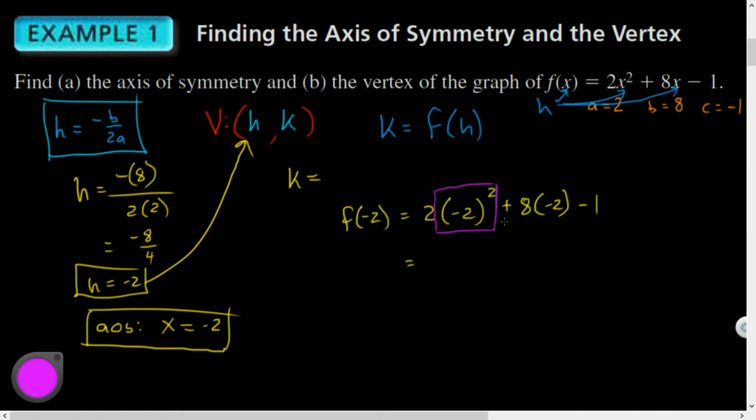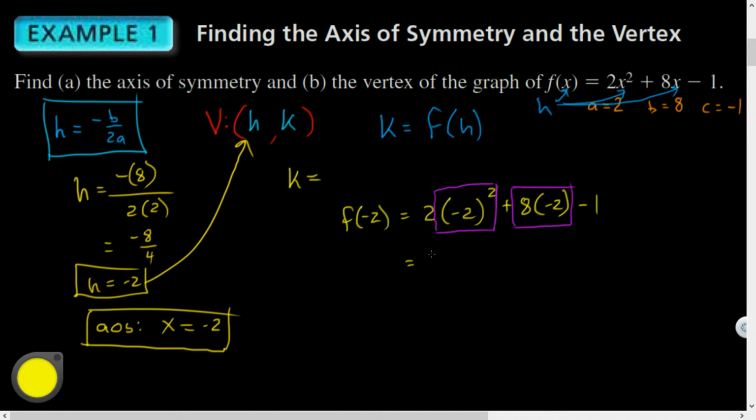All right, so that's the first thing I'm going to do. I don't do the multiply before I do the exponent. And over here, because this is separated by a plus sign and a minus sign, I can do this multiplication. Question? What I'm doing is I'm plugging in negative 2 for all of the x's up here. Is where that's coming from.